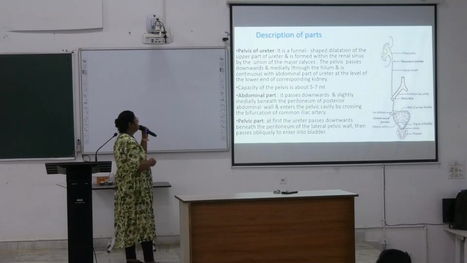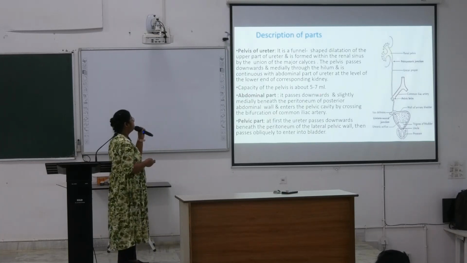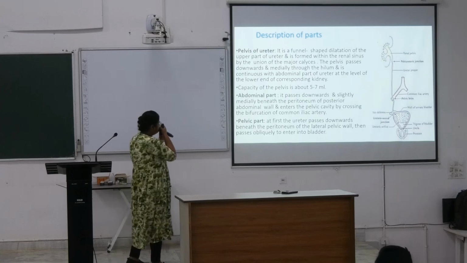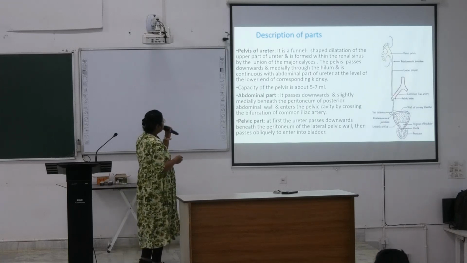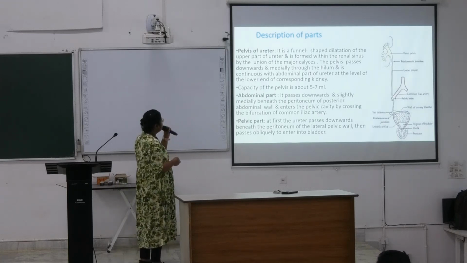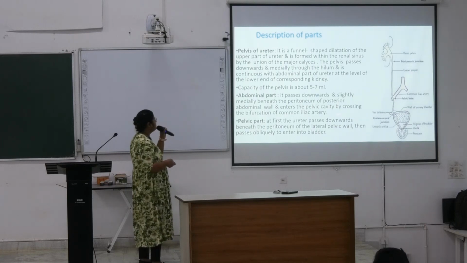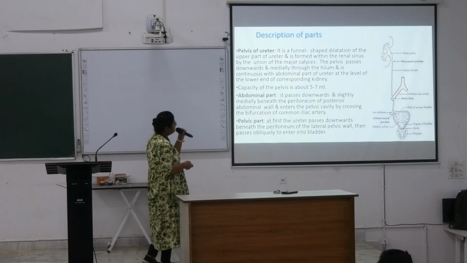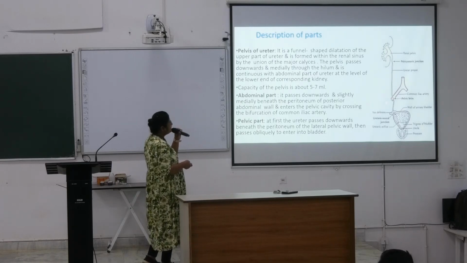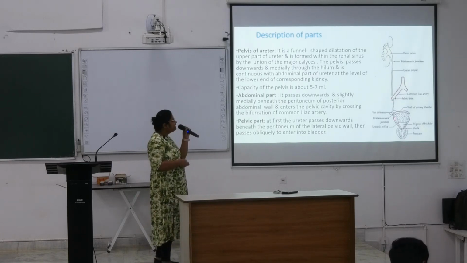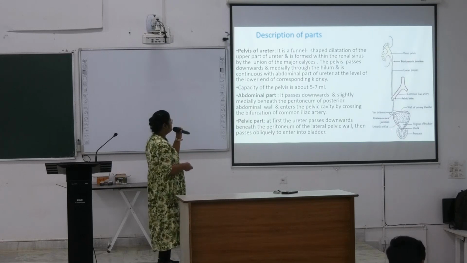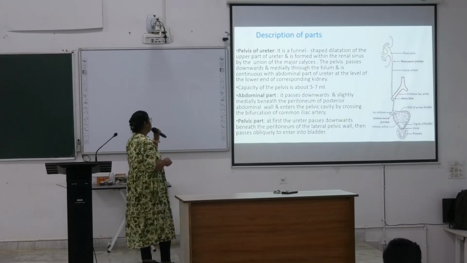Next we go to abdominal part. It passes downward and slightly medially beneath the peritoneum of the posterior abdominal wall and enters the pelvic cavity by crossing the bifurcation of common iliac artery. Here is the bifurcation of common iliac artery into external and internal iliac. At this region, ureter is crossing. Then pelvic part.